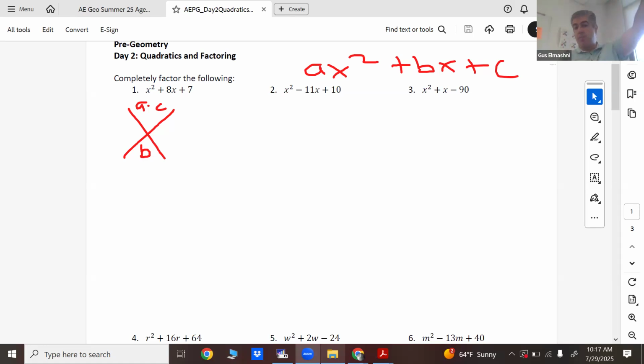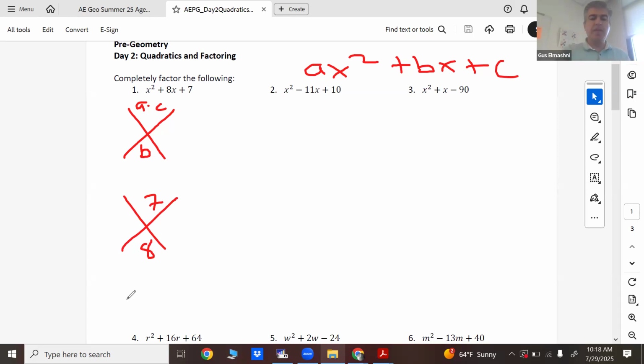So A times C, 1 times 7 is 7, and 8's the middle term I put below. So 7 up top, 8 down below. My apologies, I messed that one up.